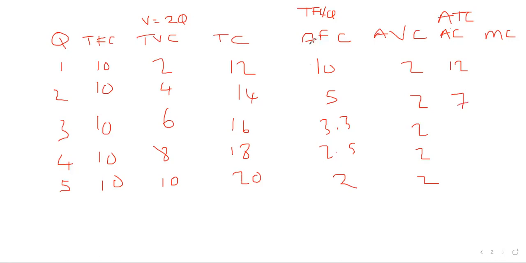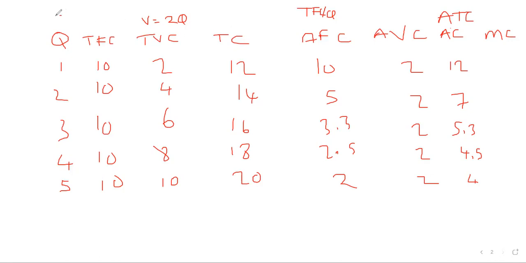Alternatively, simply add the two average costs, they make the average total cost. So 10 plus 2 is 12. 5 plus 2 is 7. 3.3 plus 2 is 5.3. 2.5 plus 2 is 4.5. 2 plus 2 is 4. Like I said, our average total cost is simply the total cost over quantity.